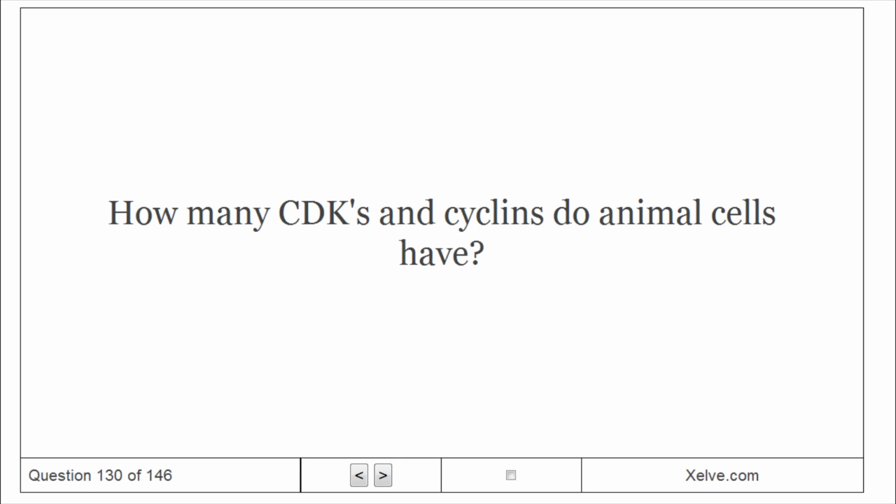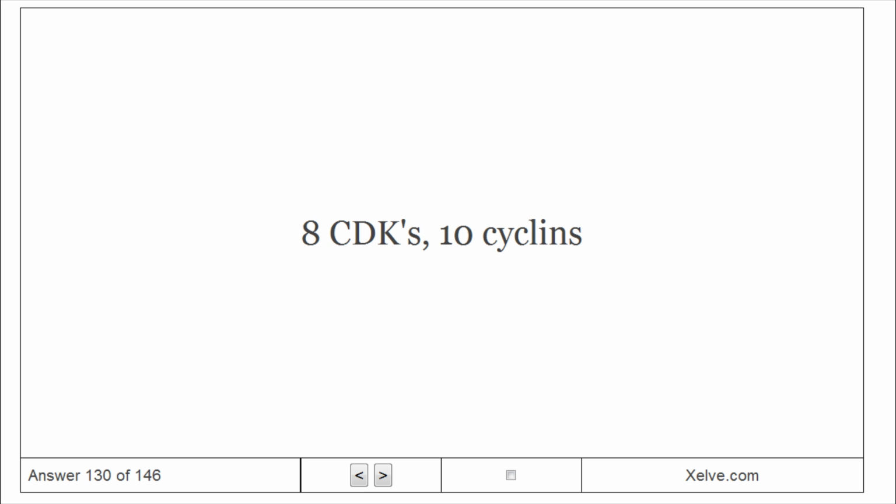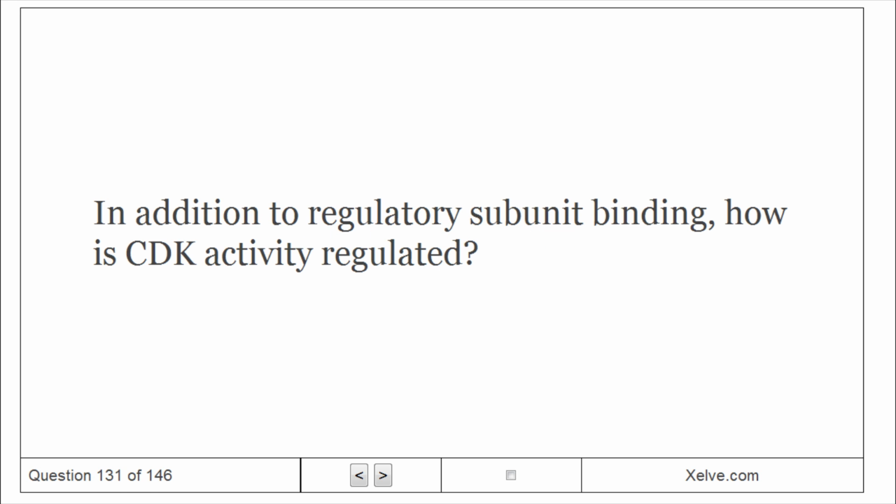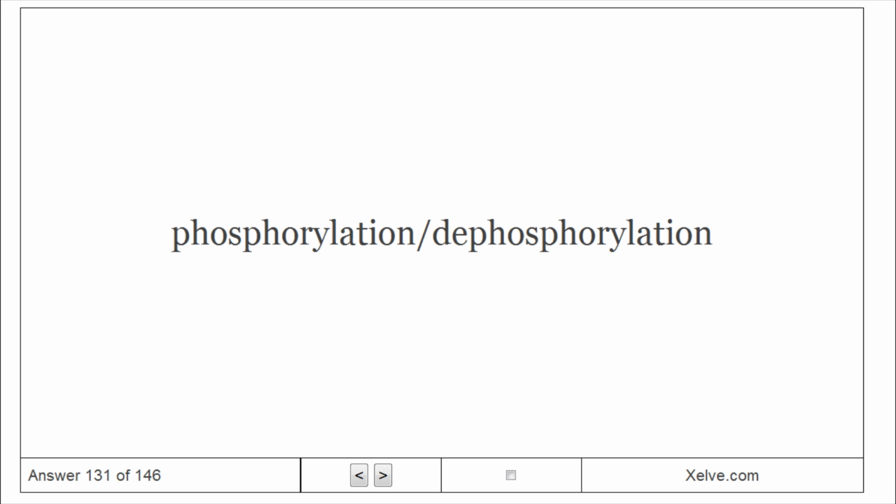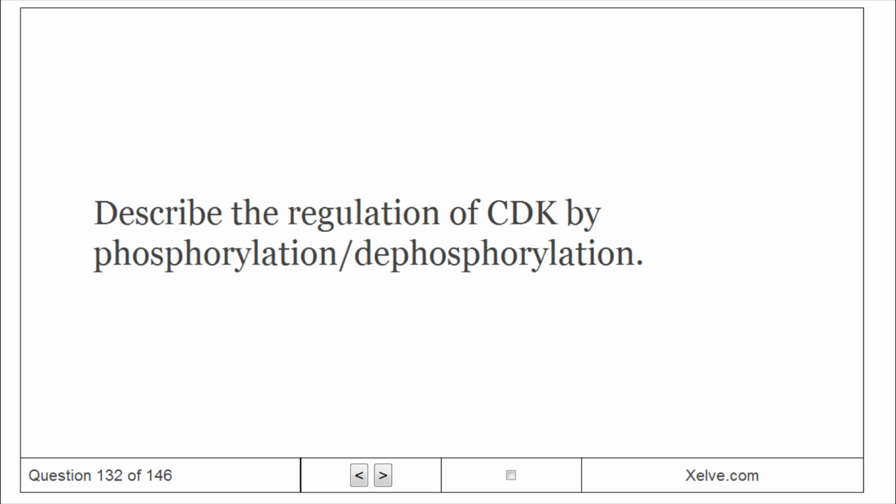How many CDKs and cyclins do animal cells have? 8 CDKs, 10 cyclins. In addition to regulatory subunit binding, how is CDK activity regulated? Phosphorylation, dephosphorylation. Describe the regulation of CDK by phosphorylation, dephosphorylation.